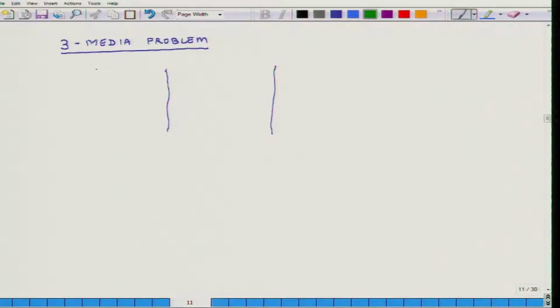So, this is medium 1, first medium, this is second medium, third medium. Examples could be, here I may have air, in region 2 I may have carbon dioxide, in region 3 I may have nitrogen, whatever. And these 3 media are separated by sharp boundaries, 1, 2 and 3.